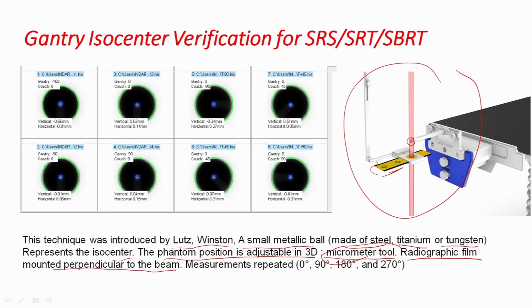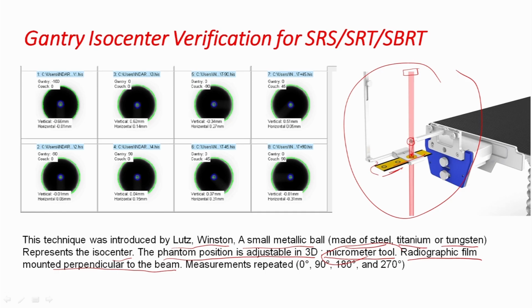You have to open a very small field size, almost 2 by 2 or 3 by 3 field size, and here you place a film below this ball, and this ball is placed at the isocenter, and then you have to switch on the beam.